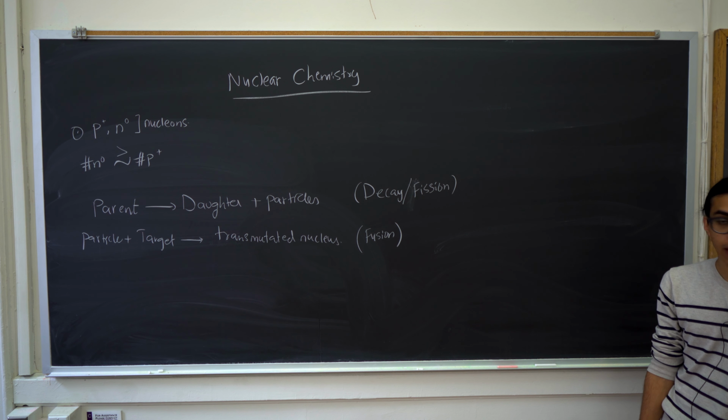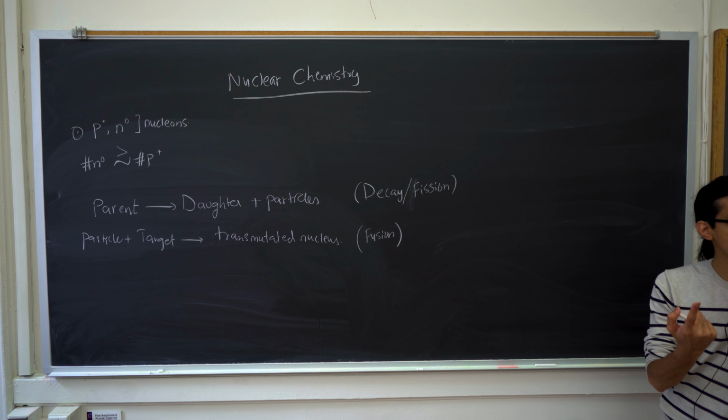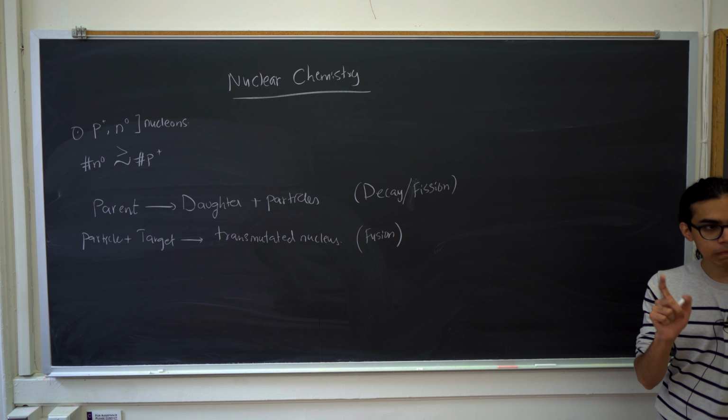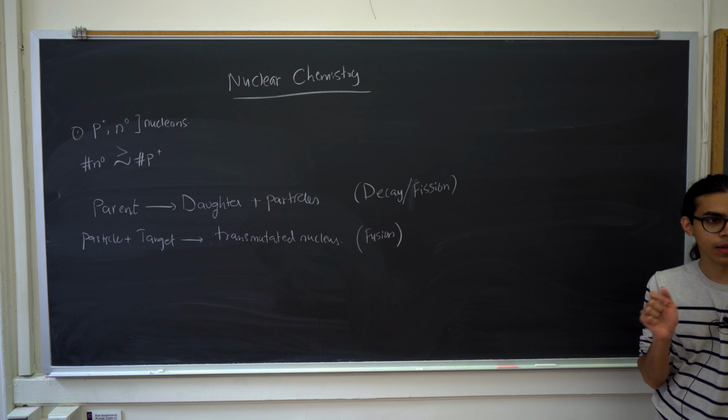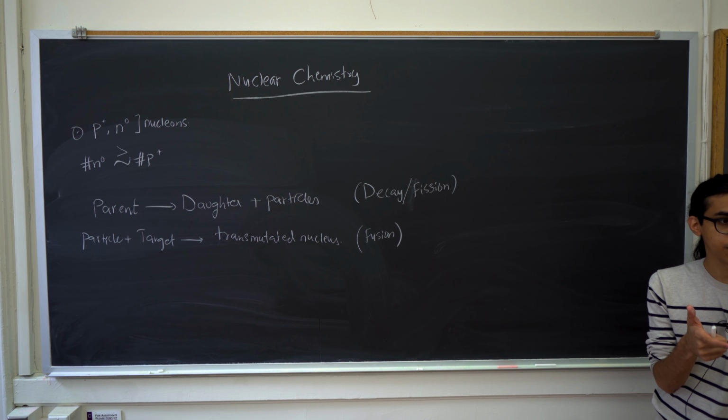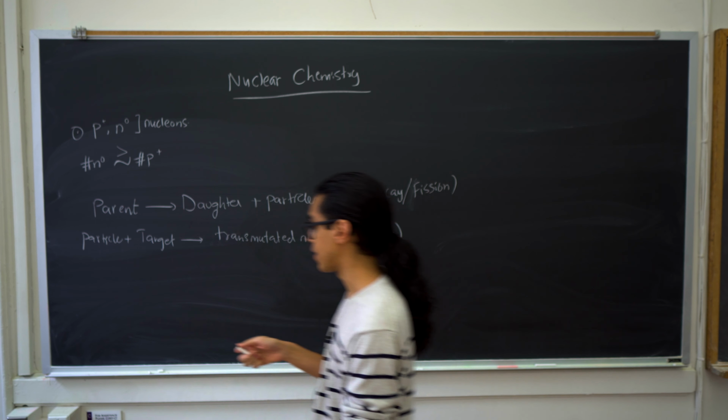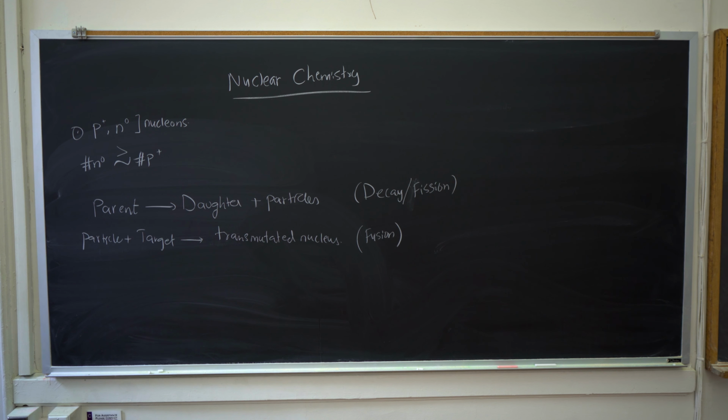Okay. Two principles will guide us through this chapter. One is that mass is conserved. Very much true, with a hint of falsehood there, but mass is mostly conserved. That's one. And charge is conserved. You know how in a chemical reaction, the number of atoms should balance out on each side? That's our guiding principle for balancing chemical reactions. In balancing nuclear reactions, our two guiding principles are the mass should balance on each side and the charge should balance on each side.